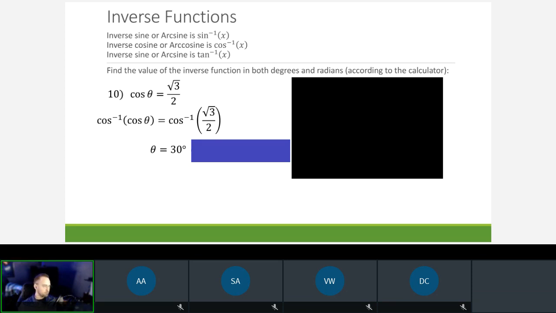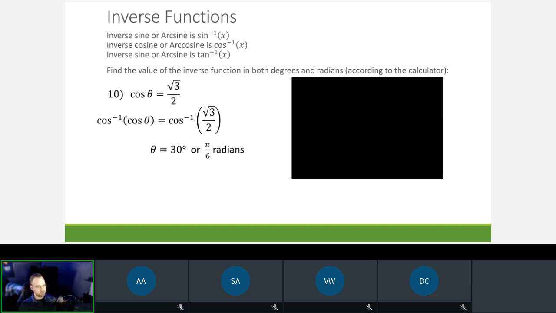In radian mode, I want it in terms of pi. If your calculator gives it in decimal form, I want it in terms of pi, so you can't use that one. It's limited. I meant the phone, whatever, not the iTrash. The iPhone's a good phone. So it should be pi over 6.